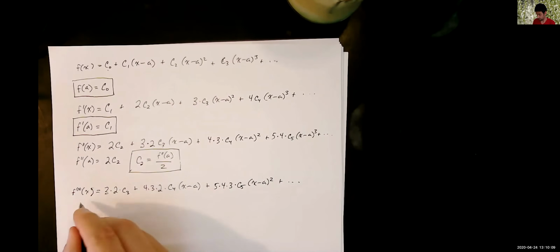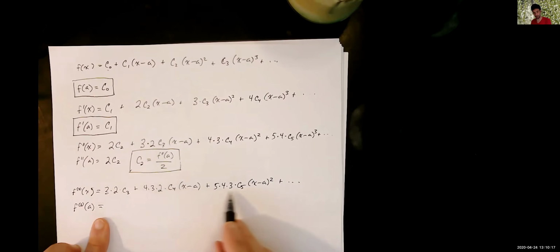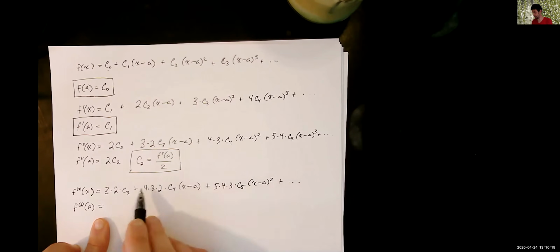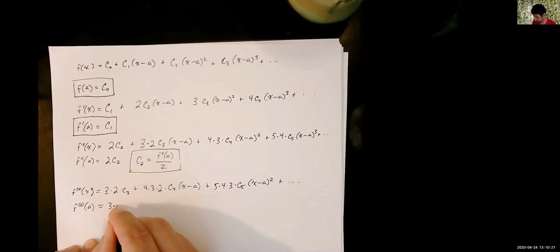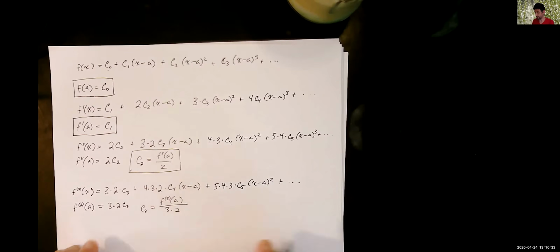Okay. We play the same game. We evaluate the third derivative at a. I get everything over here becoming zeros, and I have 3 times 2 times c3, which means that c3 is going to be the third derivative at a over 3 times 2.